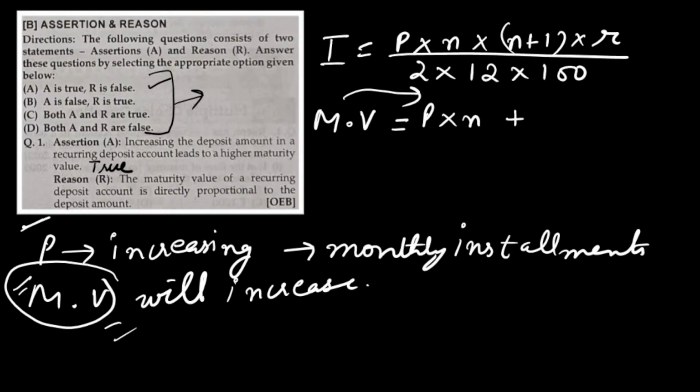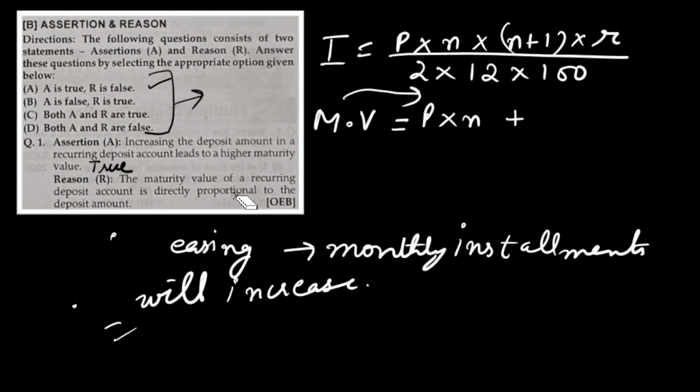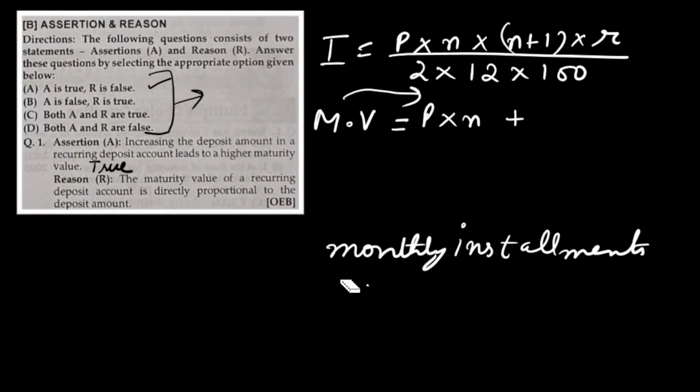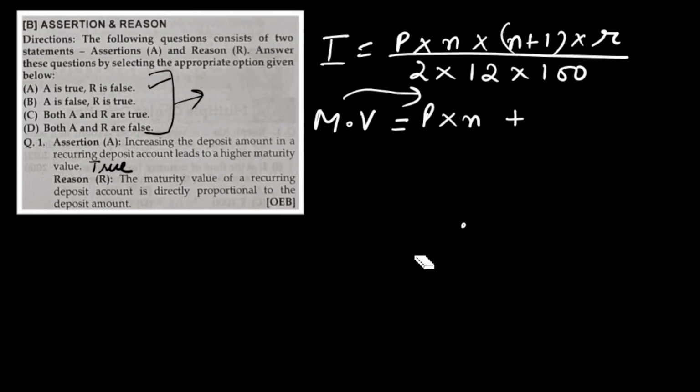Let's see the second statement now. Second statement says the maturity value of a recurring deposit account is directly proportional to the deposit amount. So what is the meaning of directly proportional? Directly proportional means if one thing is increasing, other thing will also increase.